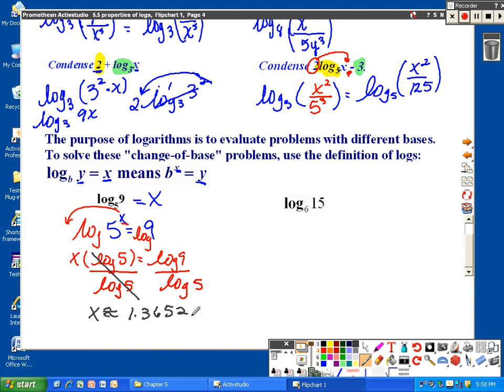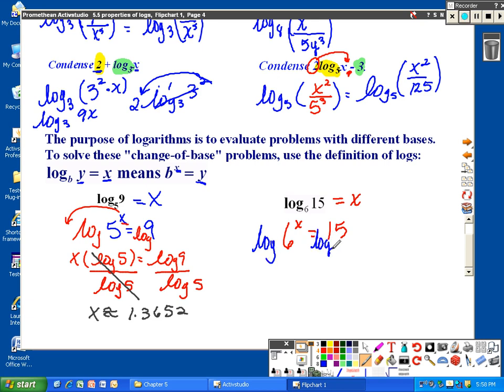Okay, let's try log 6 of 15. Do you know what its value is? No? So then we're going to say it equals x. So my base is 6, to my exponent of x should equal my value of 15. Can you ever get 6 and 15 to be the same base? So then we must log both sides.